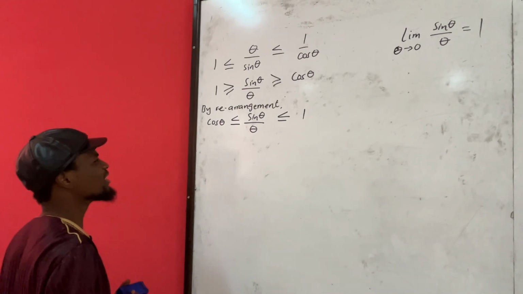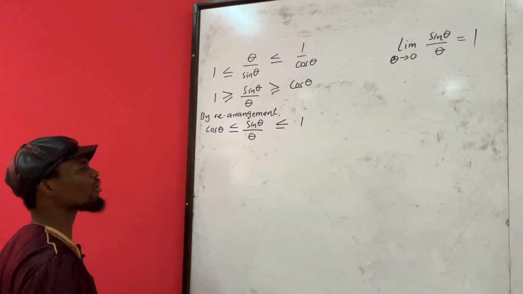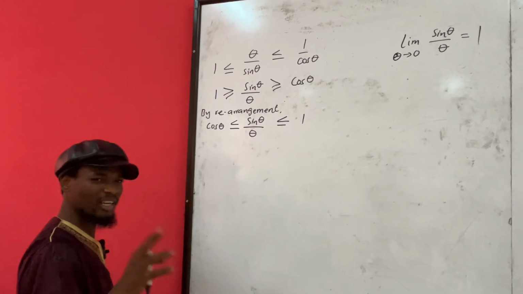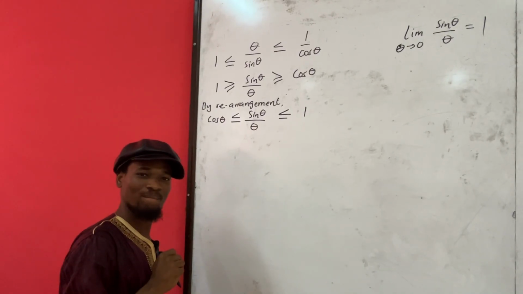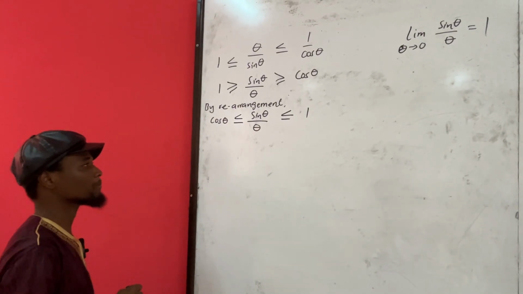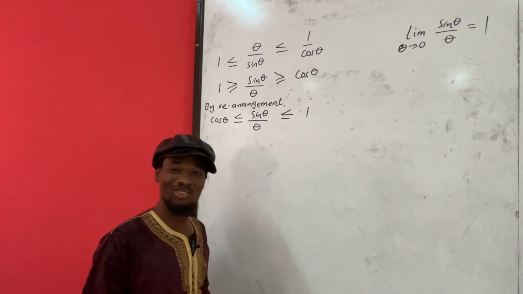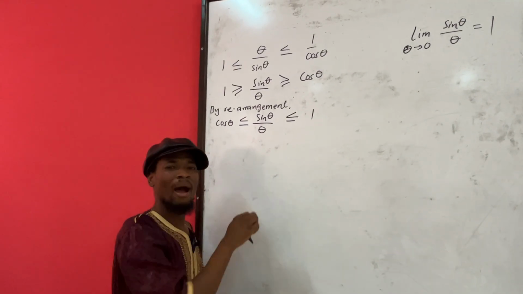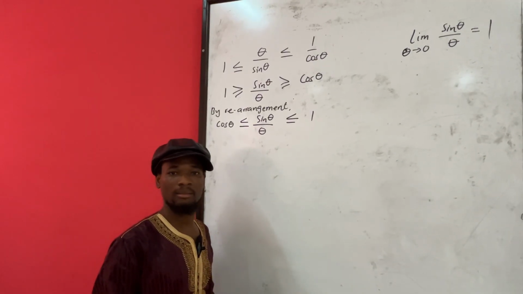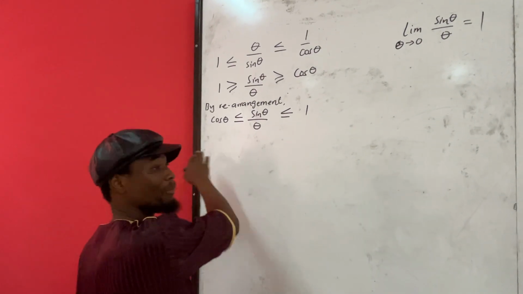All right. So viewers, now what can we do from here? Think about it for 3 seconds. We can't do anything from here, right? So we are now going to apply limits over here.